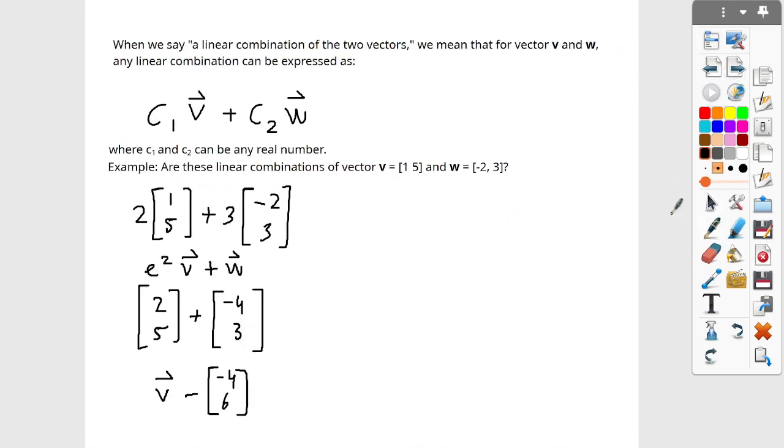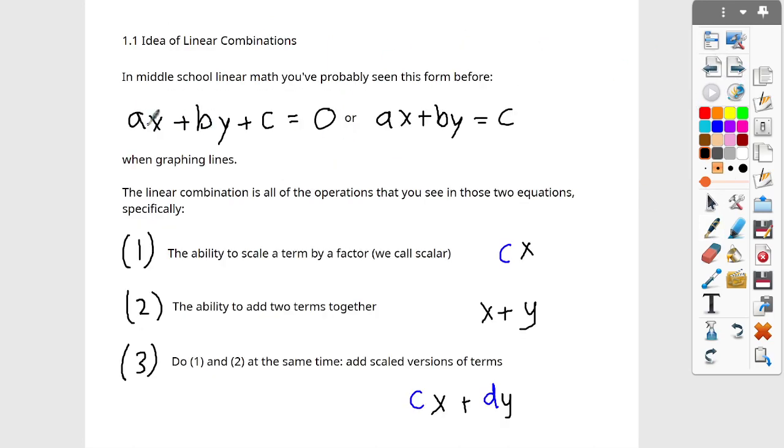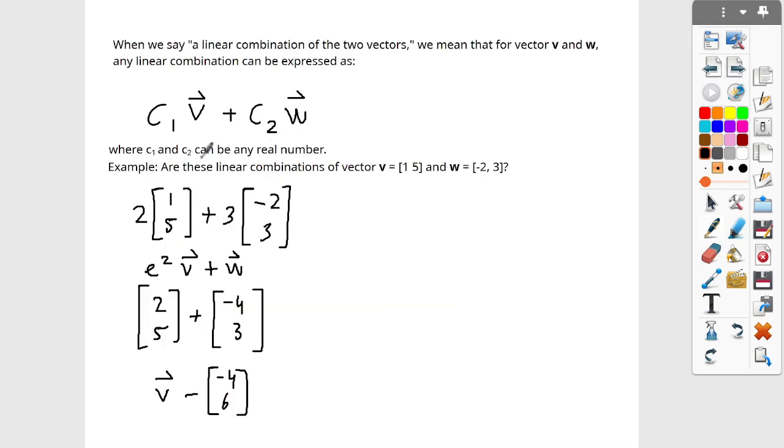So which one of these are linear? For vectors, instead of just variables representing one number, it can represent more than one number. That's a vector. It has a magnitude and direction.